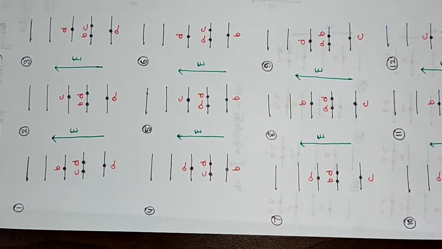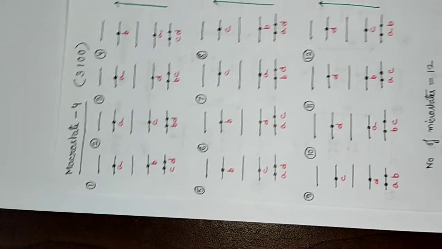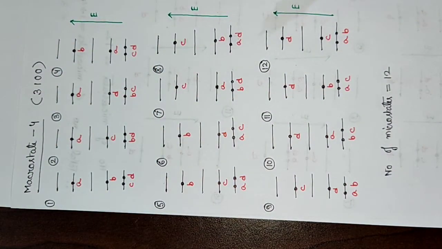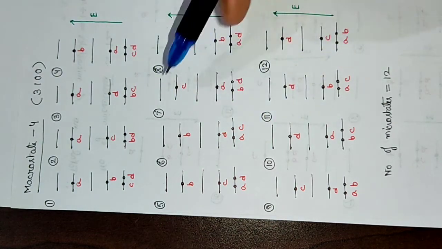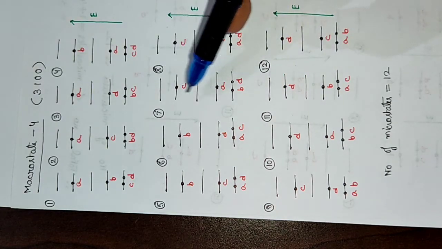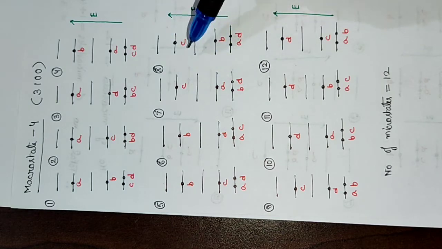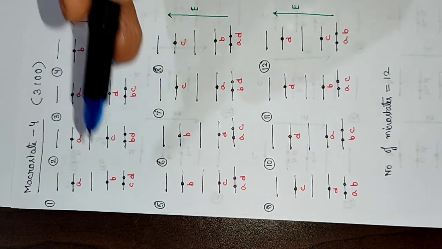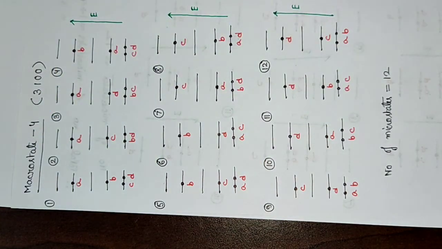Macrostate 4 is also more probable relative to macrostate 1, 2 and 3 since it is having a large number of microstates. But here this microstate and this microstate will have the same probability, but the most probable distribution is this macrostate since it is manifesting a large number of microstates.